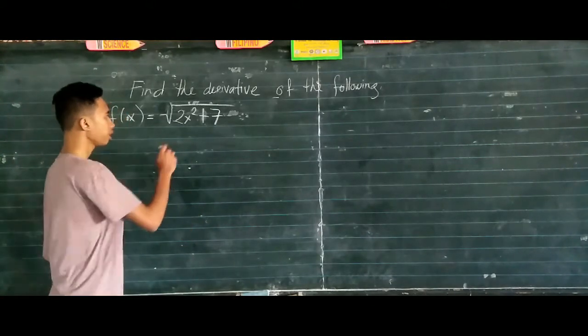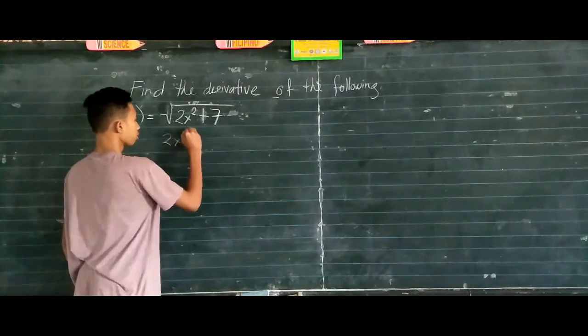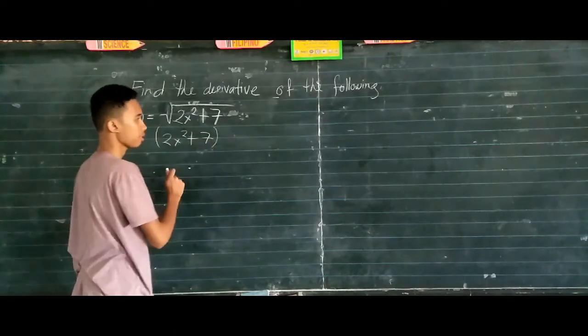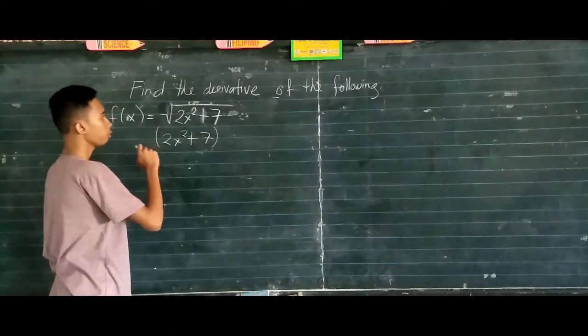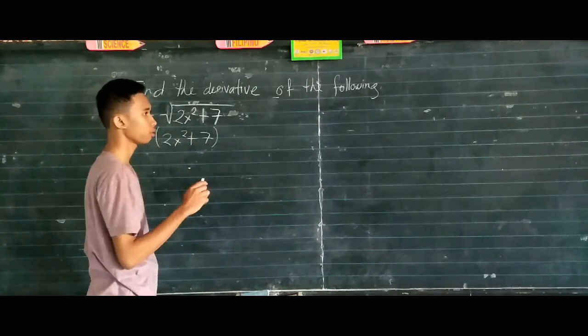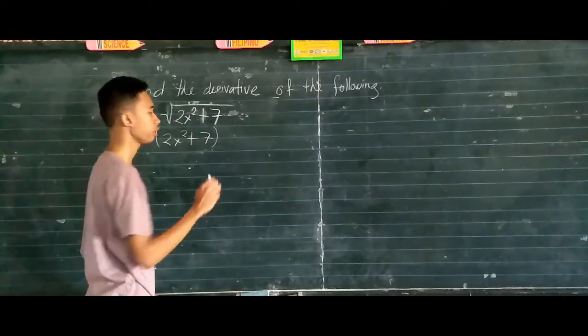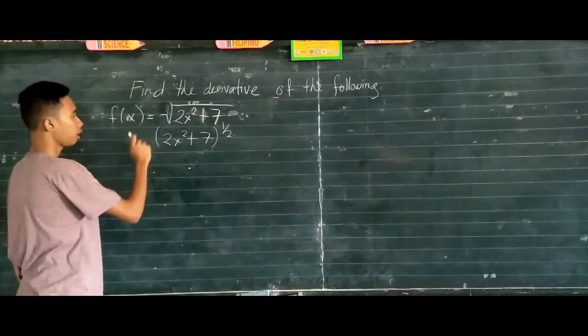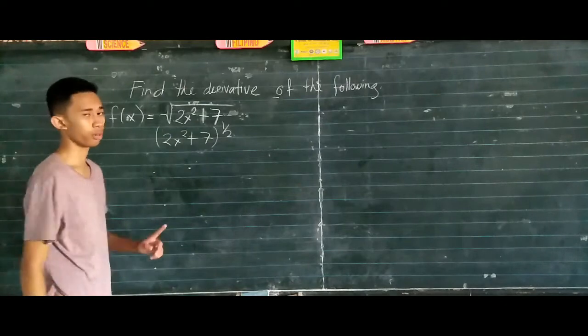First, we have to bring down the 2x squared plus 7 with open and close parentheses. Then we modify the radical sign into an exponent, and the exponent of this square root is 1/2. So now that is the modified square root.